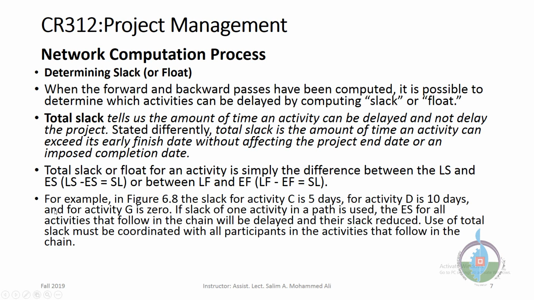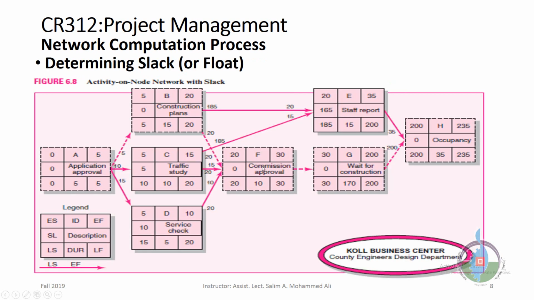For example, in this case, we copied all the forward and backward numbers, and we will find the slack time. As we can see, if we subtract the early start from the latest start, 0 minus 0, it will be 0.